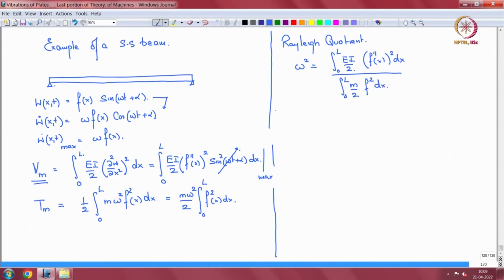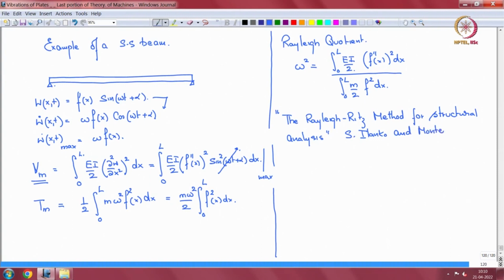By the way, I am taking this material entirely from the book on the Rayleigh-Ritz method for structural analysis, by S. Ilanko and Monterrubio.